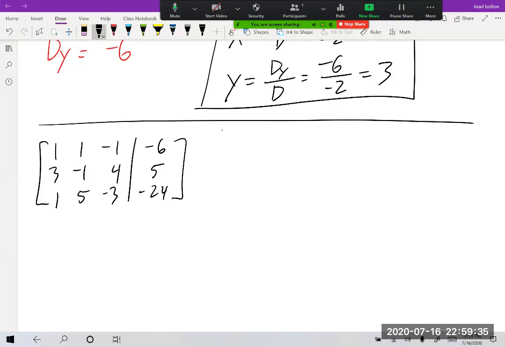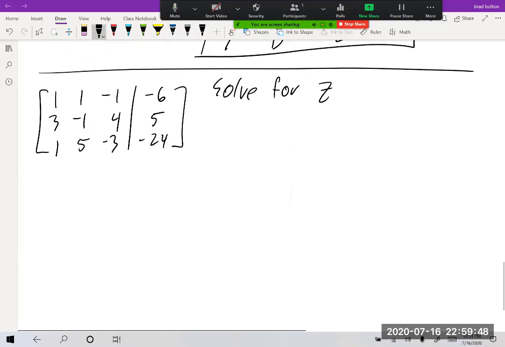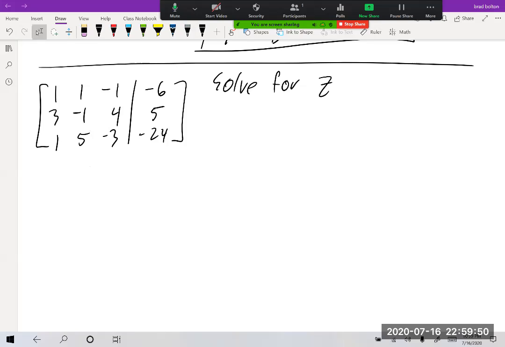And I want to solve for, let's say I only want to solve for z. Instead of solving for all three of them to save time, let's just solve for z, because if I can solve for z, then I can solve for any of them, right? So Cramer's rule lets you just solve for whichever variable you want.